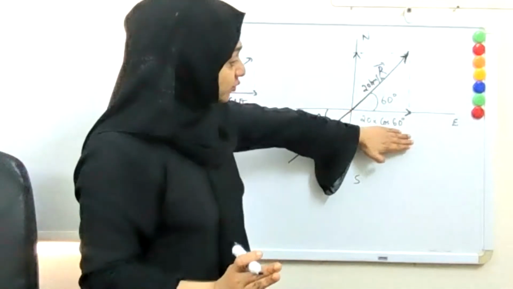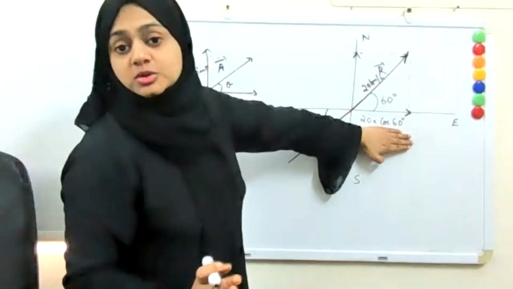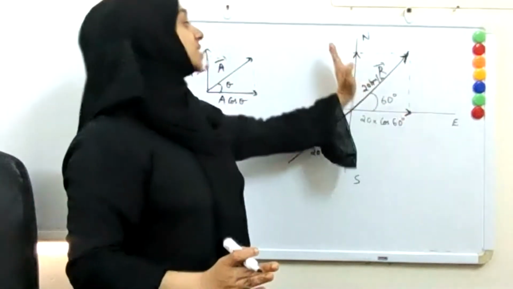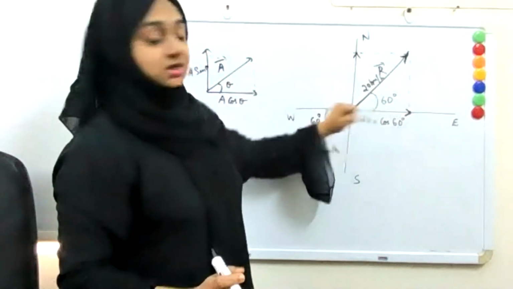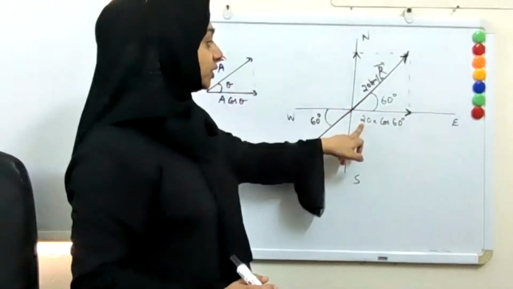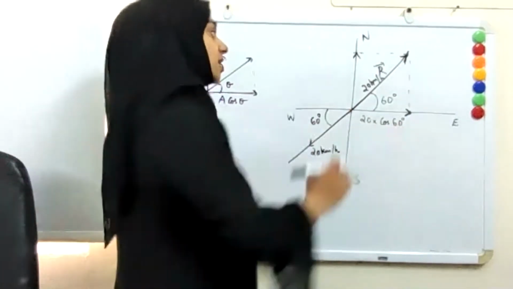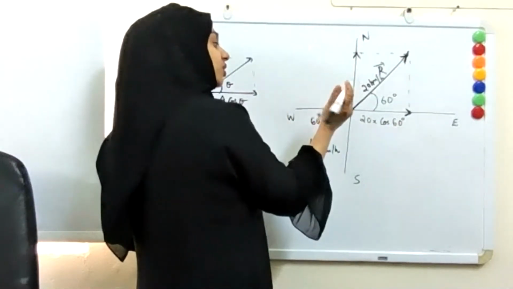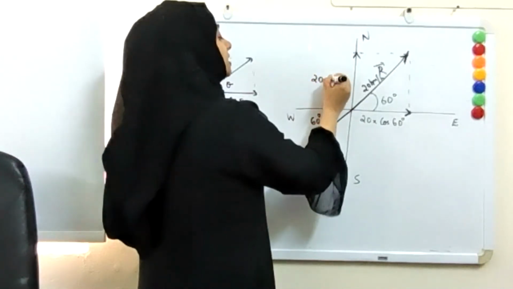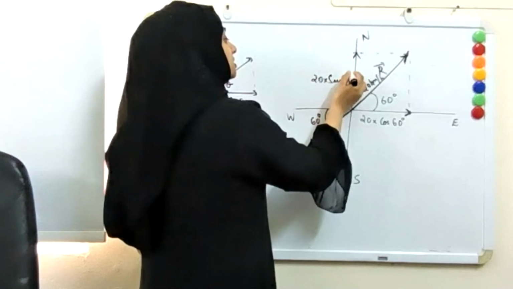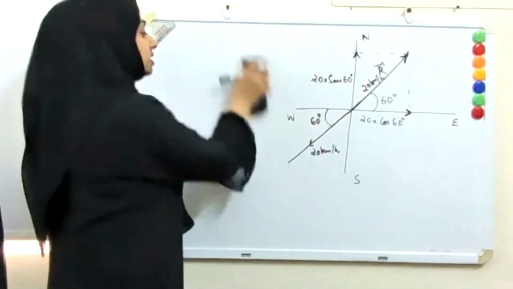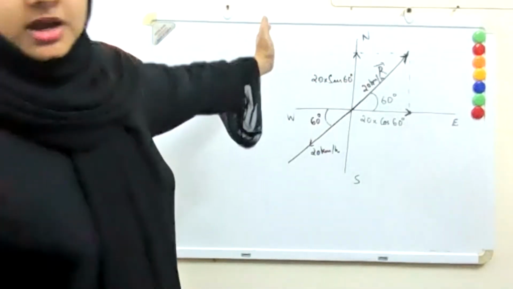They have asked what will be the component of the wind velocity in the east direction and north direction. That's like x-axis and y-axis, making 90 degree between them. So towards the east, the component will be 20 times cos 60. And towards the north, what will be the component? 20 times sin 60. So that is how we can resolve this wind velocity in the two directions.